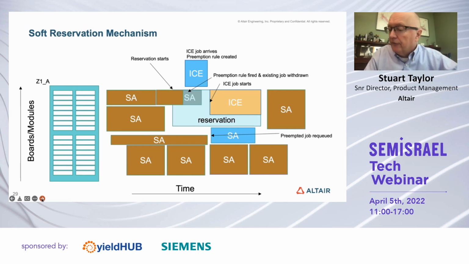Here's a graphic of this in action. We have the reservation scheduled at some point, and it will stop new SA jobs from being scheduled to its resources when it becomes active. Assuming we've got a corresponding ICE job available before or soon after the reservation starts, we can ask the preemption service to preempt those jobs that are on that reserved resources.